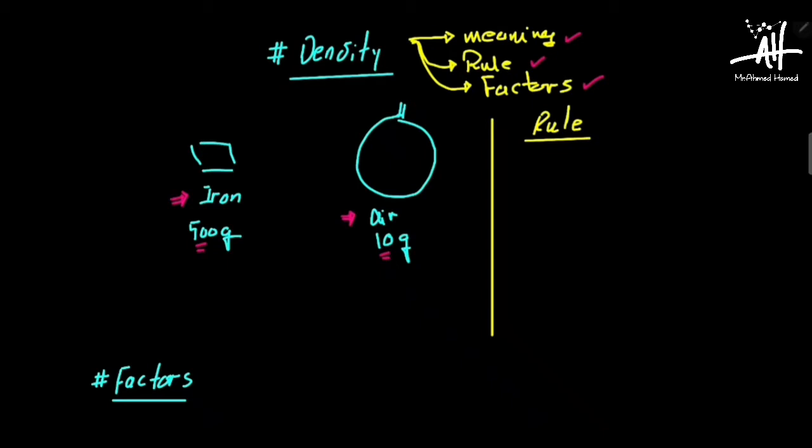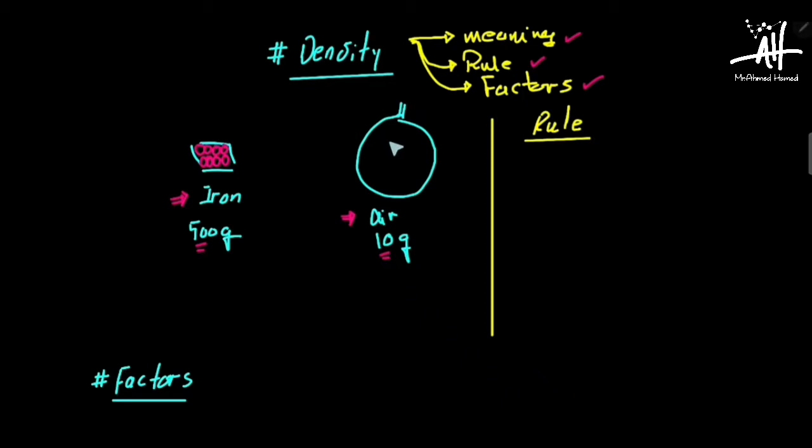The main difference between them is related to the particles inside both of them. If we looked inside the iron, we'll find that the particles inside the iron are heavy particles, and they are tightly packed. They are near to each other. There are no gaps between them.